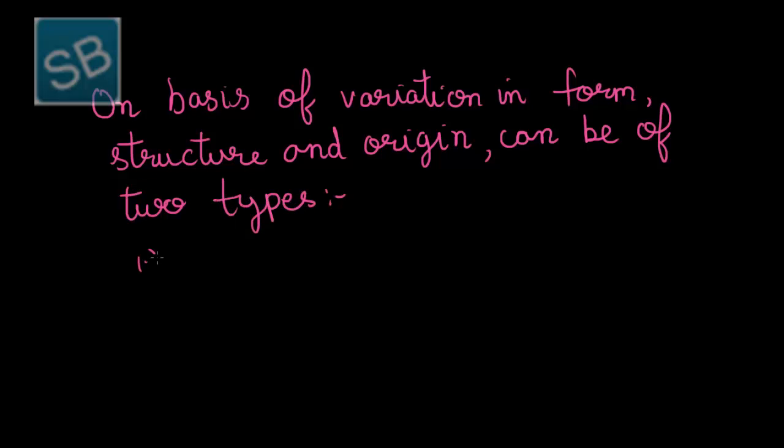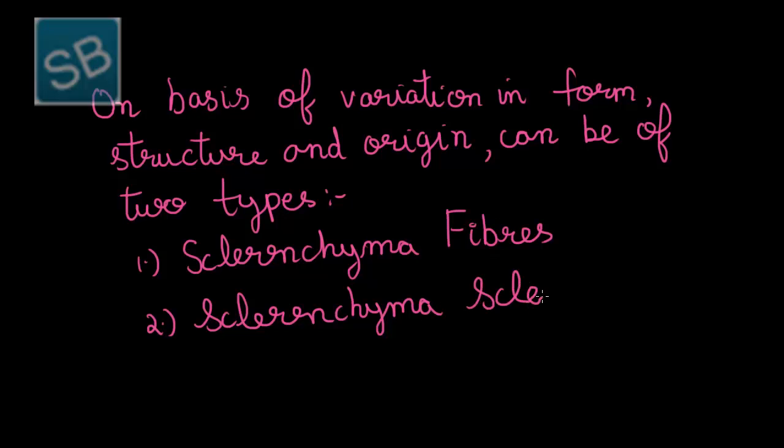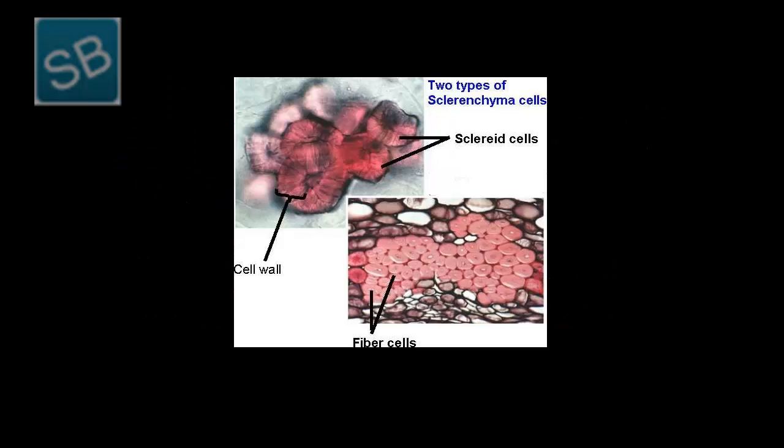First, sclerenchyma fibers, and second, sclerenchyma sclereids. This figure depicts the two types of sclerenchymatous cell. This is sclereid and fiber cells.